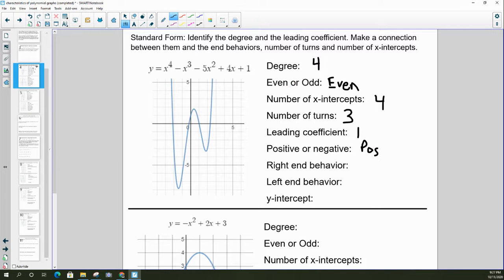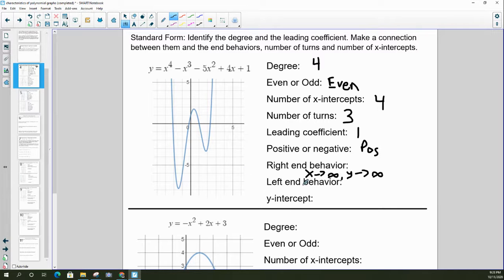The right end behavior, so go back a few weeks. As x approaches infinity, what is y approaching? On the right side of the graph, y is going up forever. So y is approaching infinity.